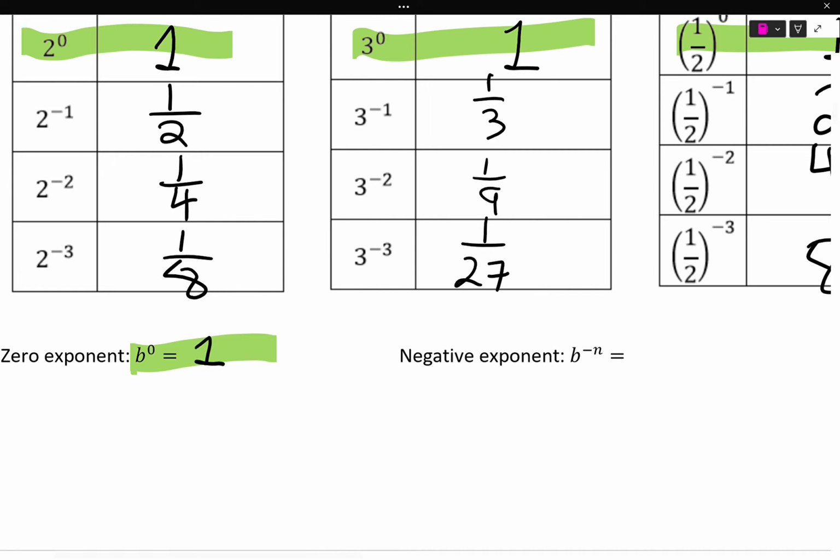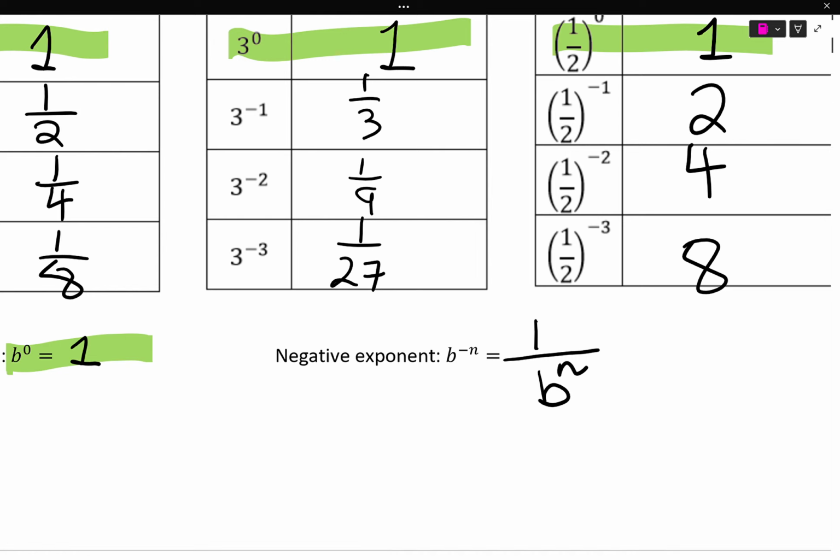Well, they make our whole numbers into fractions, and what do they do to fractions? They make them into whole numbers. So if we have a whole number to the power of a negative exponent, we flip it to the bottom of a fraction. And if, for example, we had b to the power of negative n on the bottom of our fraction, we would flip it to the top.